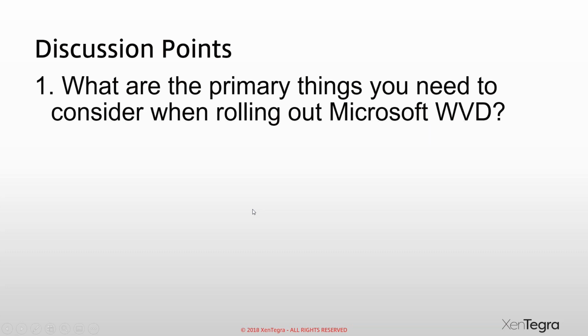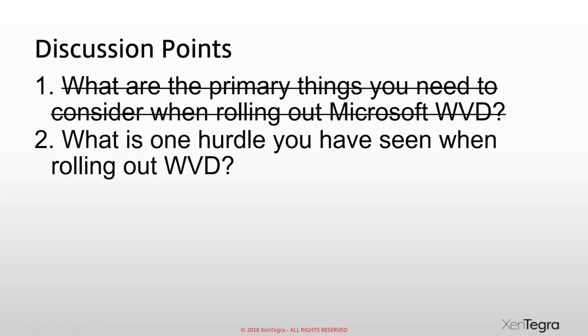Cool. All right, so let's jump to the next topic, and it kind of plays into this: what's one hurdle we've all seen when rolling out WVD? I'm going to kick off with a simple one. I won't say the client name, but we were with a client and their networking was the biggest hurdle. Before you walk into anything Azure, you need to have a sound plan and architecture around your networking.